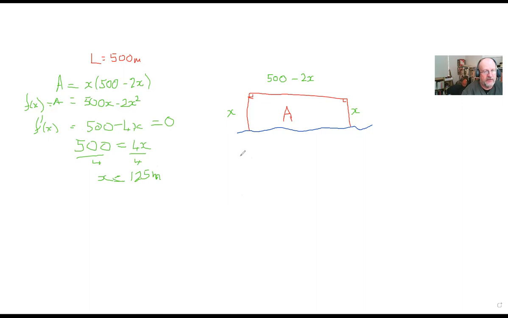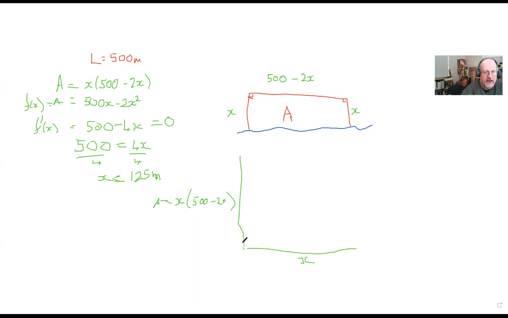Another way we could have worked this out is I could have just stuck this into an Excel graph. I could have plotted x times 500 minus 2x. I plot x down here, and this is going to be the area.